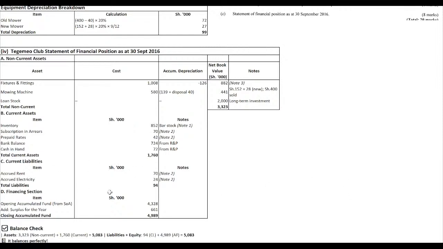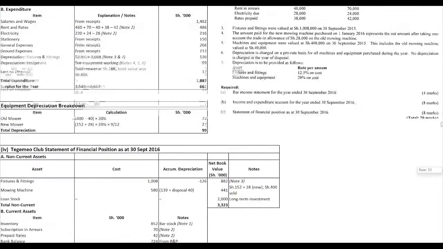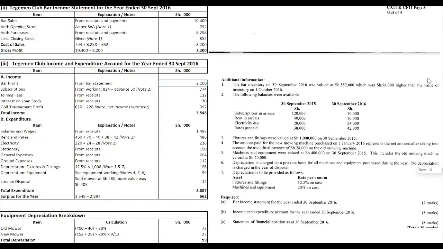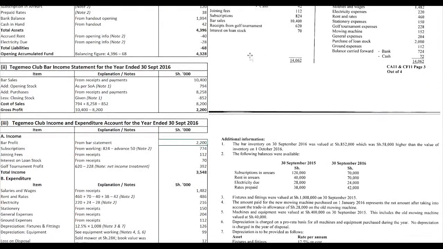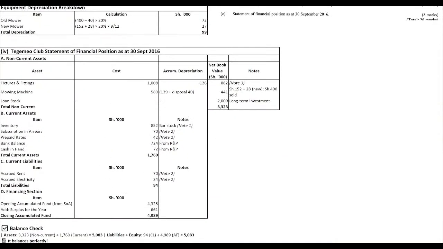Then for the financing item, we are going to have to trace the statement of affairs. So the opening accumulated fund from the statement of affairs, we calculated and found to be 4328, as you can see here, 4328. So that is our opening.